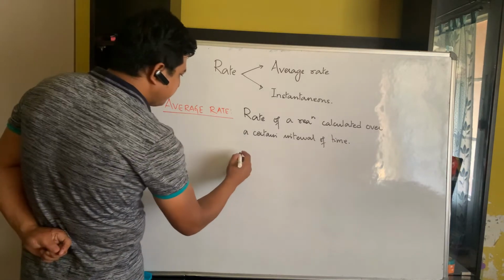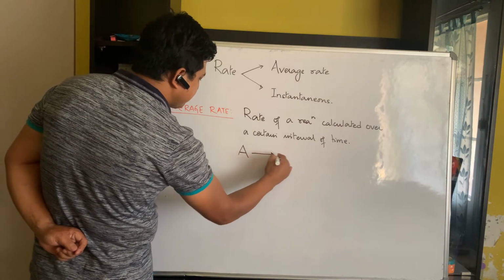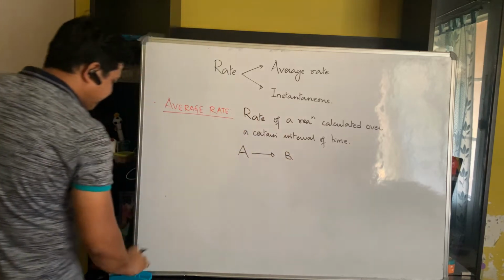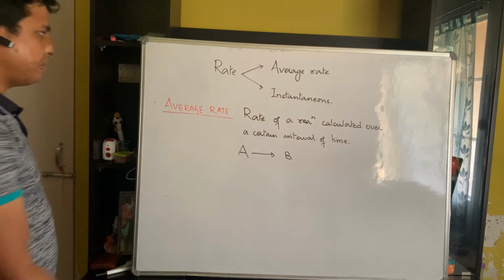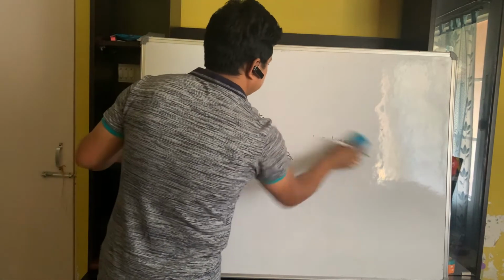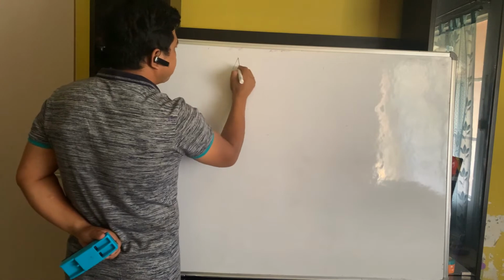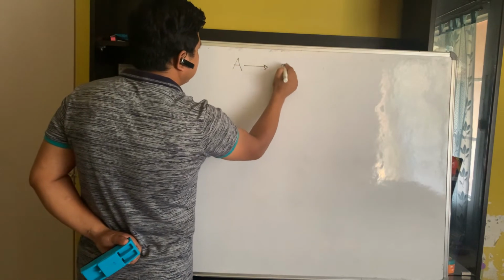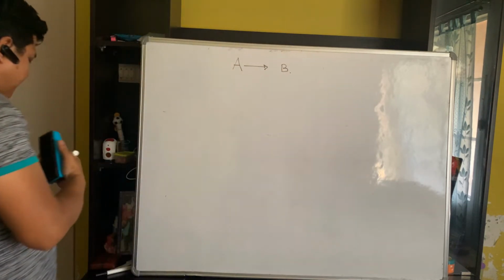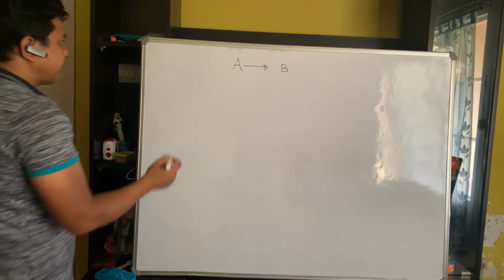Okay. So again, let me consider a reaction A to B. I'm just rubbing this out, so I'll write it from the top. So I'll consider a reaction A to B. Now I am supposed to calculate the average rate of a reaction.